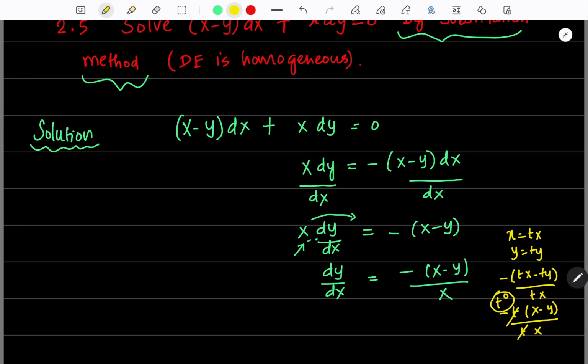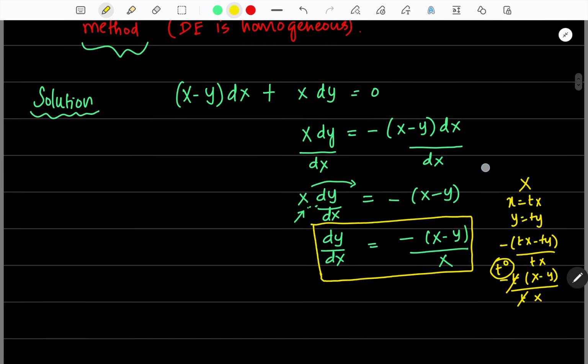If you get this situation, then the equations are called homogeneous equations. But for you, no need to check this. Already the equations given in the question are homogeneous. So you can directly start your substitution method. So this is your dy by dx, which is minus of (x minus y) divided by x.